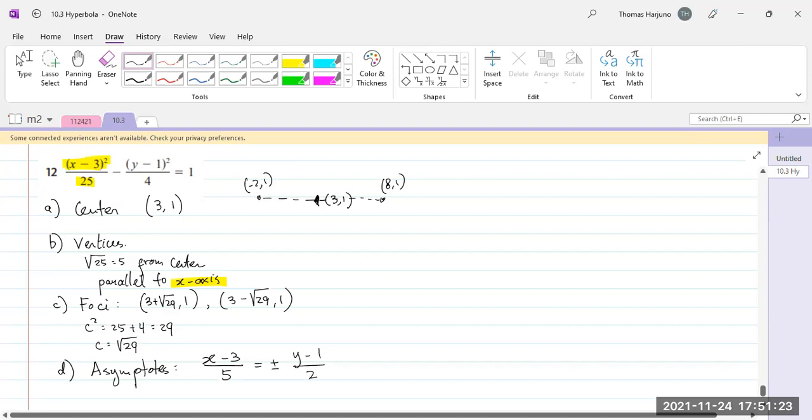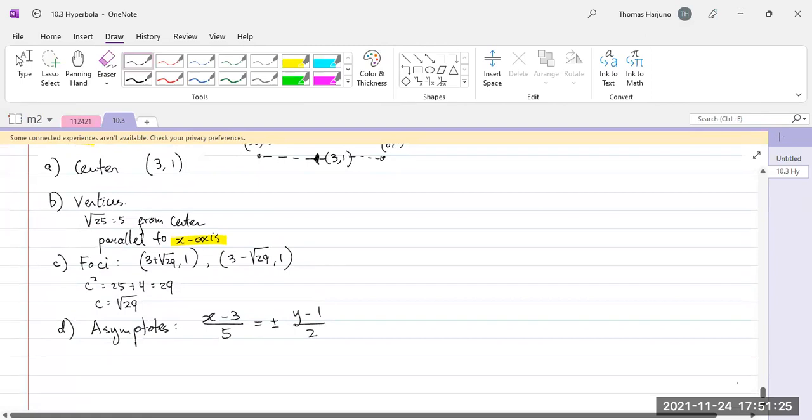Now from there, you clean it up. For example, I multiply by 10. I will get 2 times x minus 3 equals plus or minus 5 times y minus 1.